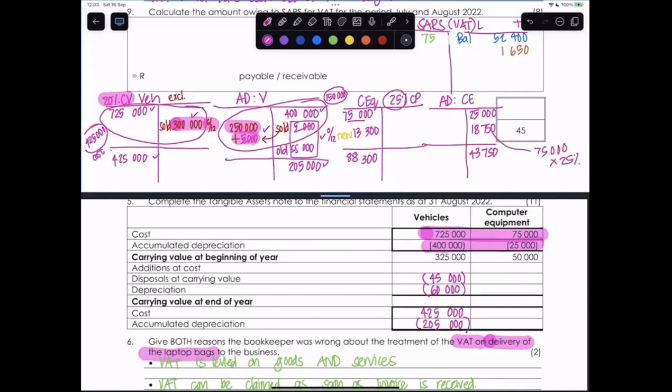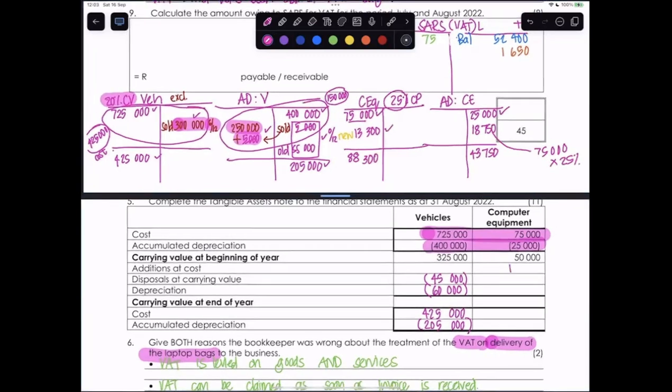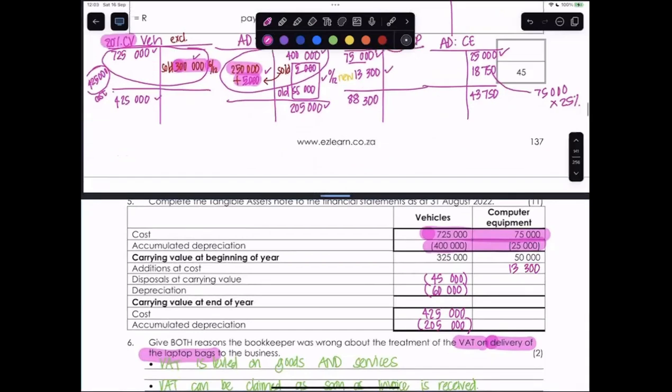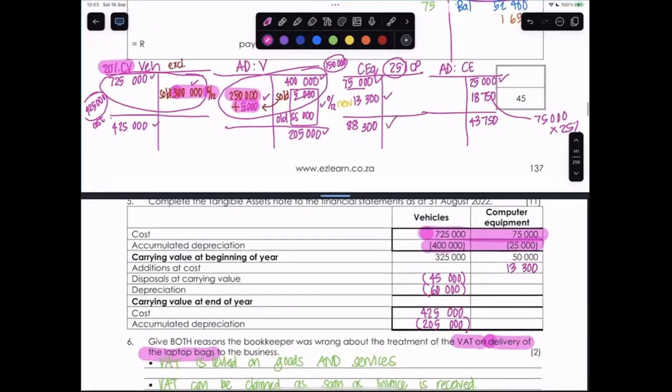We can now take all of those numbers. You can see obviously the beginning figures were already in. In fact, I got them from the tangible assets note to do the T accounts. We can show the new as additions at cost, 13,300. We can show the end cost, 88,300.